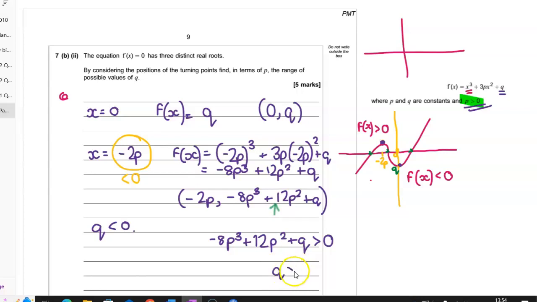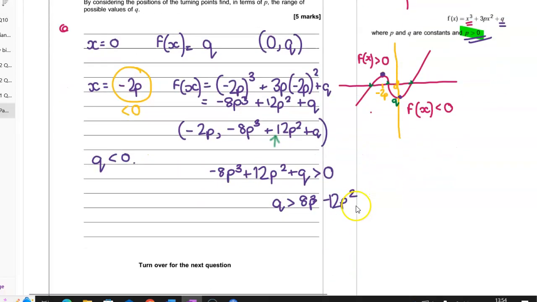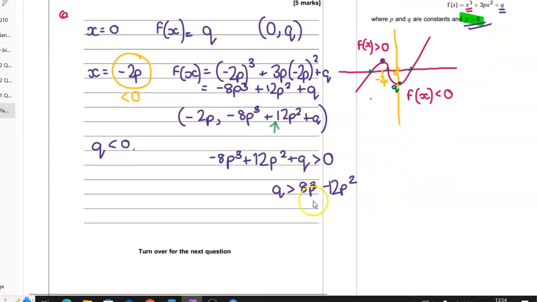So if we wiggle that about a bit and put things on the other side, what a terrible mess I'm making of that, q has got to be greater than 8p cubed minus 12p squared.